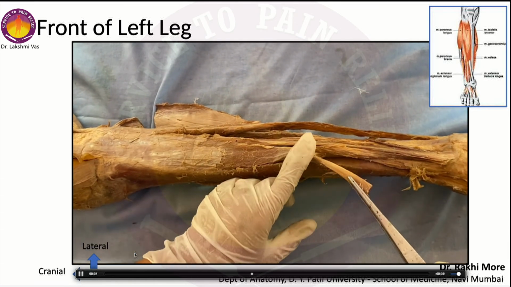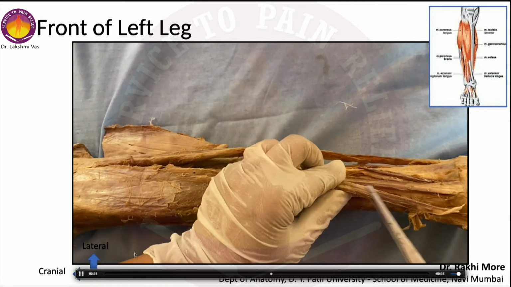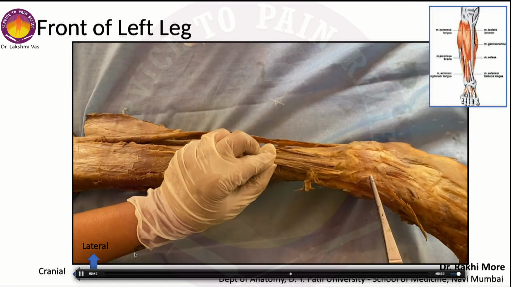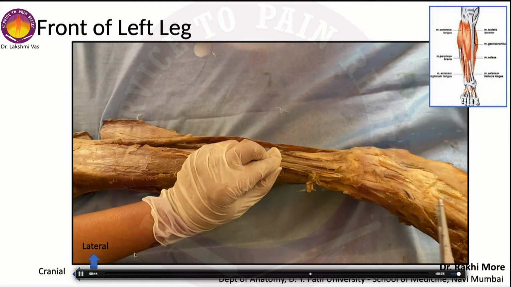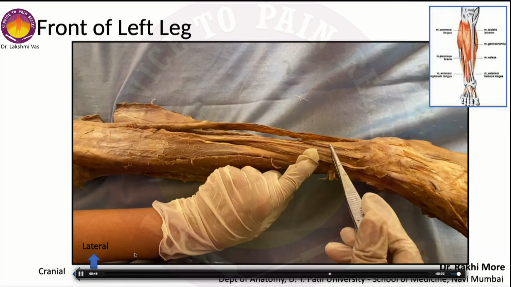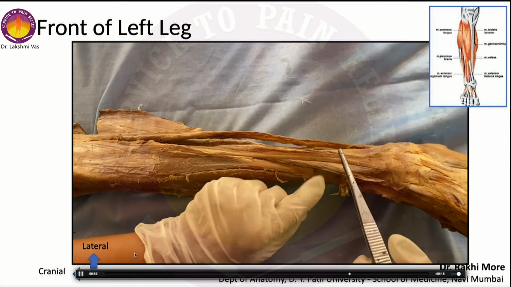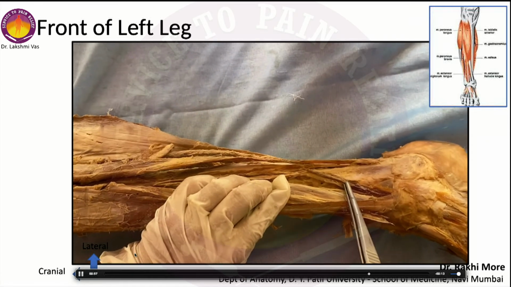The next muscle which we see is the extensor hallucis longus. You can see the tendon of the extensor hallucis longus which has been cut over here, and this is the extensor digitorum longus, and the next muscle which we see over here is the peroneus tertius.